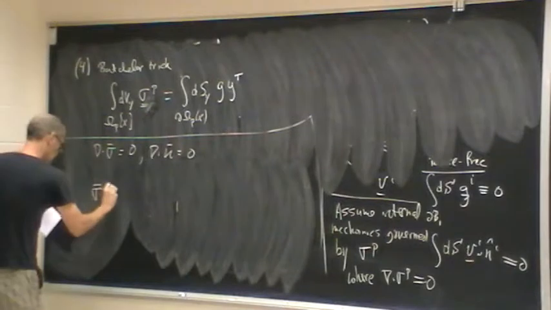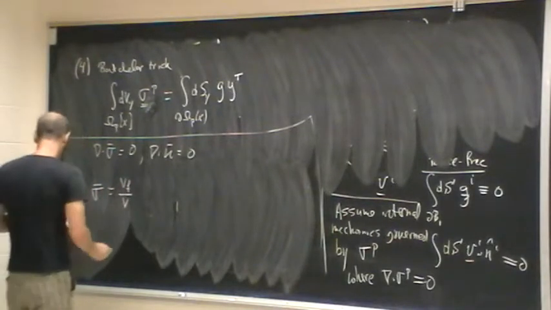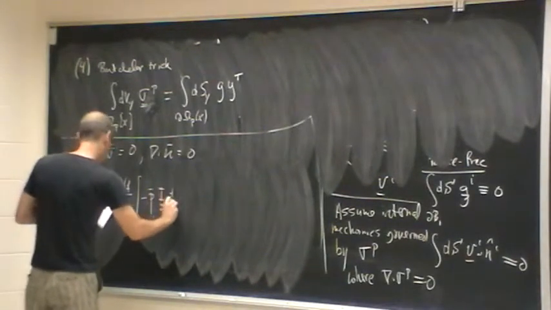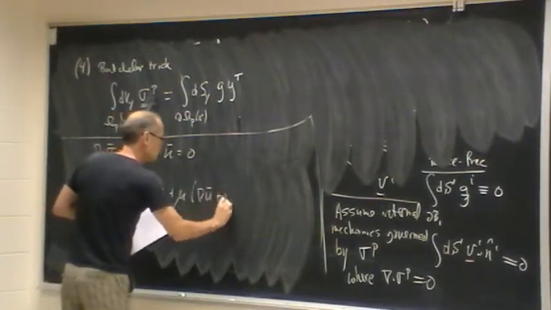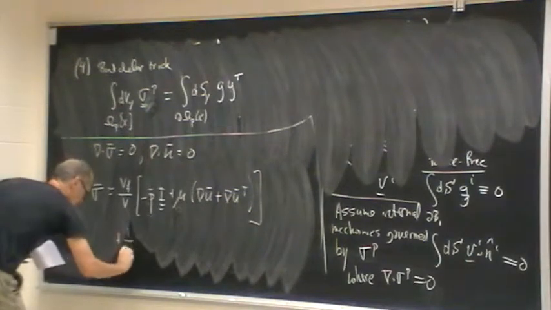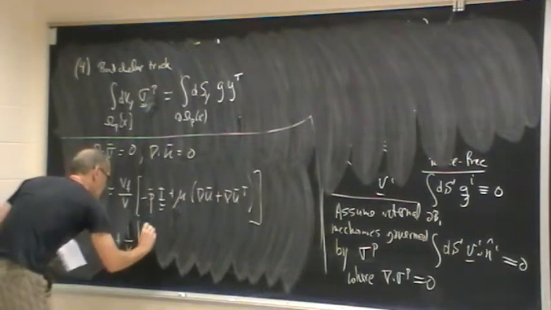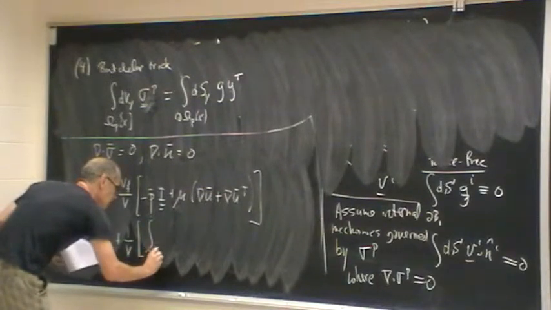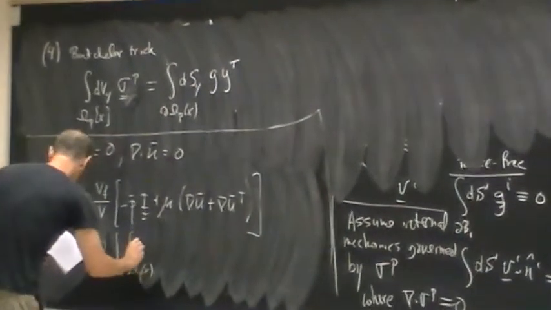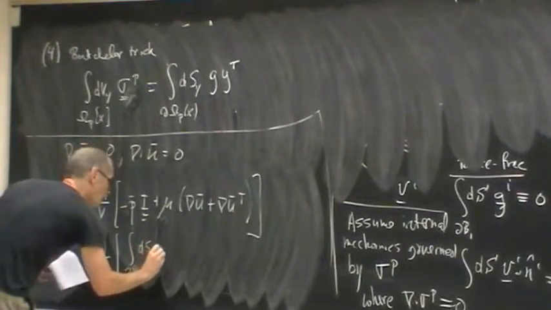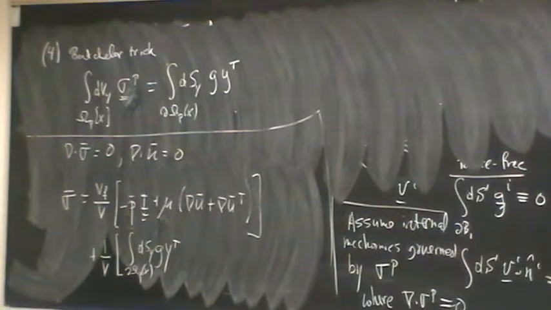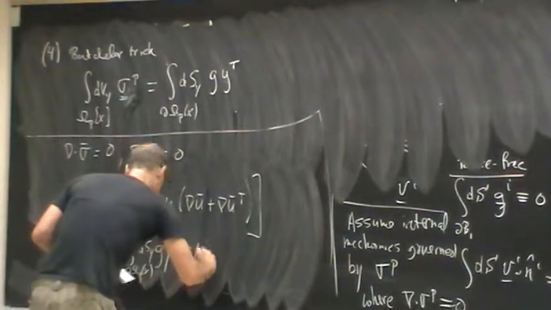Sigma bar is Vf over V minus P bar identity plus mu grad U bar plus grad U bar transpose, plus 1 over V integral over delta omega of P dsy gy transpose. That's the stress really coming from the particles, plus this extra piece.